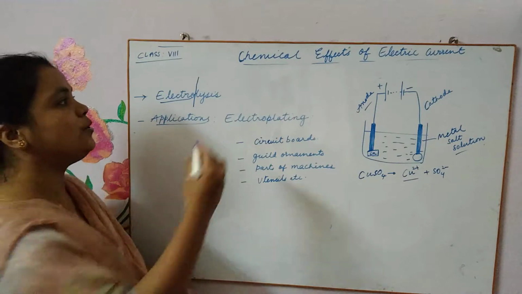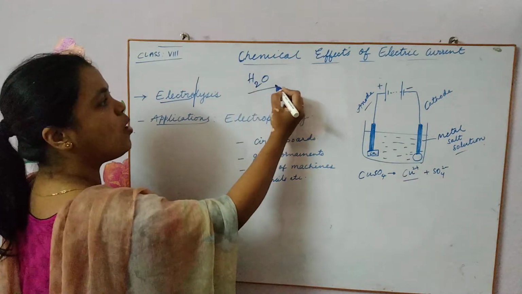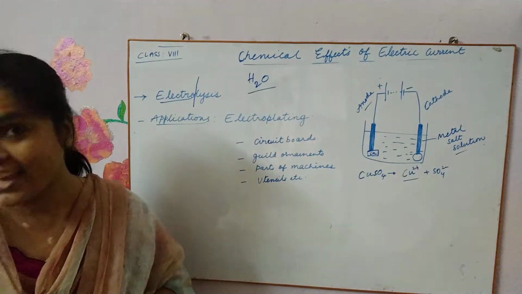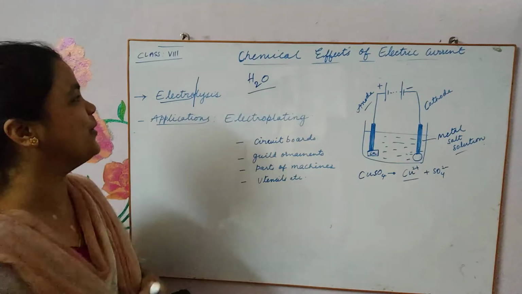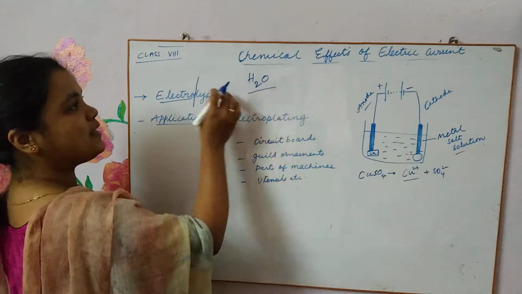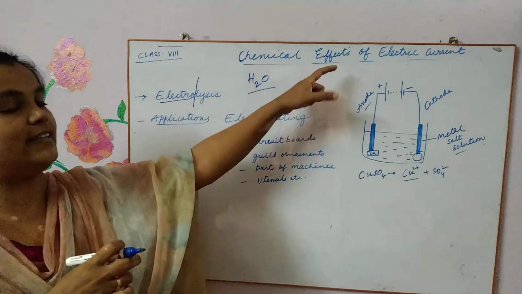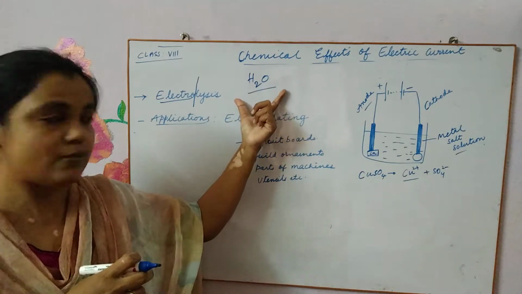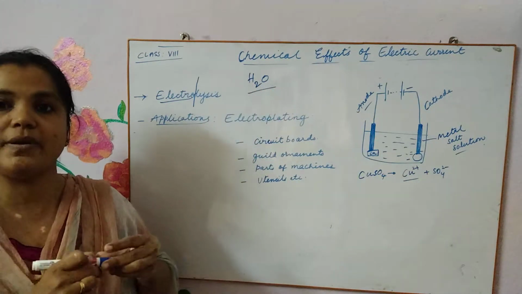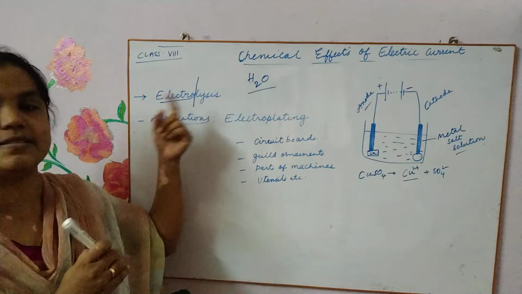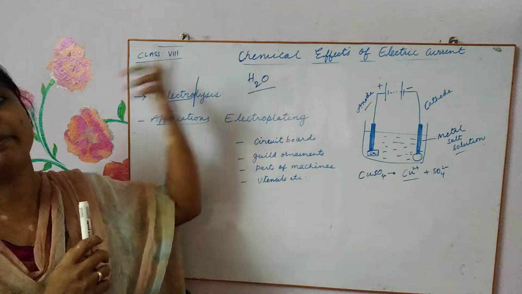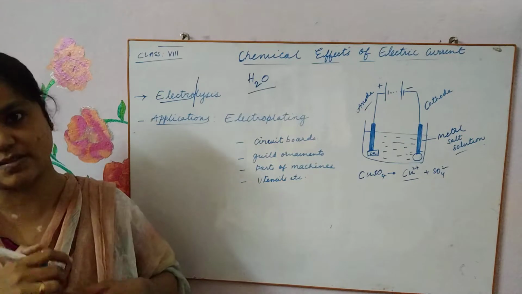I told you that if electricity is let into water, what is the formula of water? It is H2O. So if electricity is allowed to pass through water, what will happen? As the name indicates, it breaks down the compound into its individual constituents.